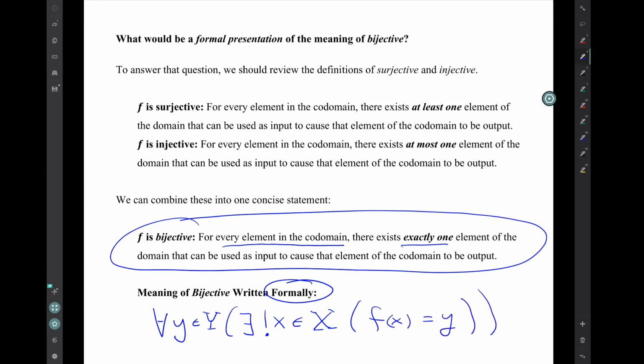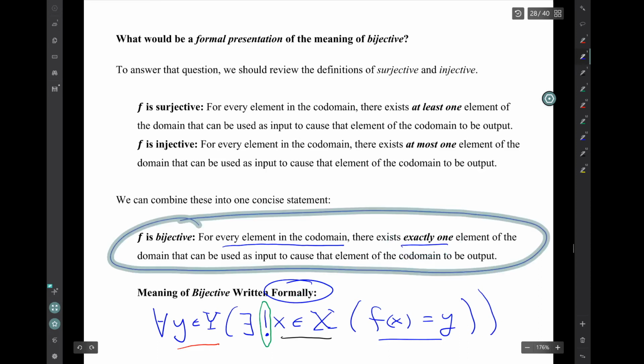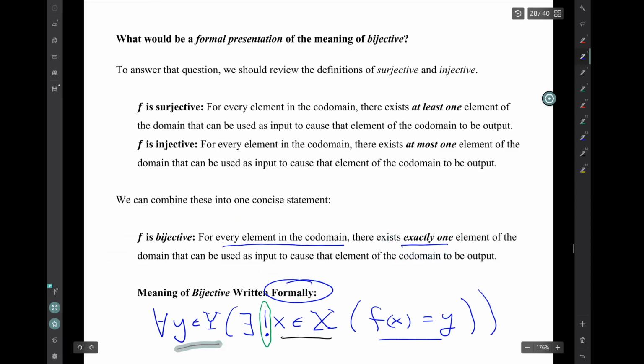So the formal statement says, for all y in the codomain, there exists a unique, this exclamation point means unique, there's exactly one element of the domain such that f of x equals y. So there is exactly one translates into this exclamation point in the formal expression.